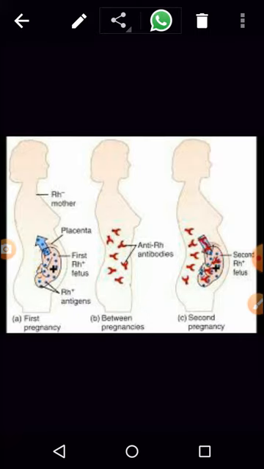For that, as we studied in the last class, we should know about blood grouping. If a person's blood group is, say, A, then the person will have antigen A on the RBC and anti-B antibody in the serum.